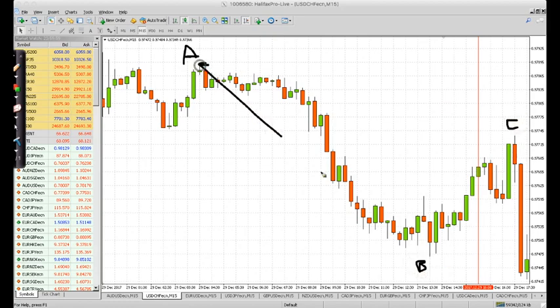So A, B, C. Would you be confident to sell here? Would you be confident that it has reached the end of the correction and is going to collapse? To do that, we use our Fibonacci tool to see, is this a Fibonacci level?